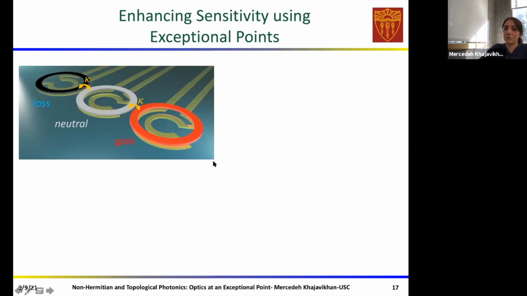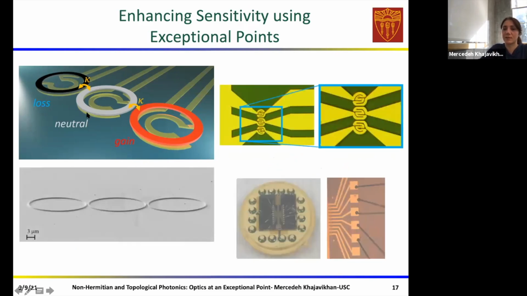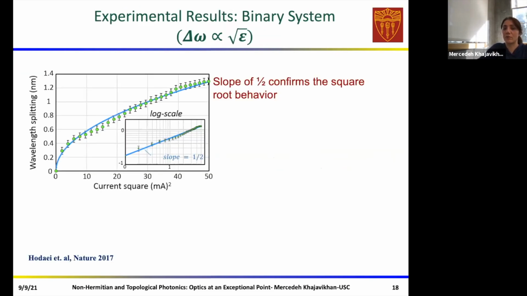And so back in 2017, we did some experiments to show this behavior. I put here the 3-ring resonator system, but we made 2-ring and 3-ring systems. For the 2-ring system, as you can see here, we observed a wavelength splitting that follows this curve.